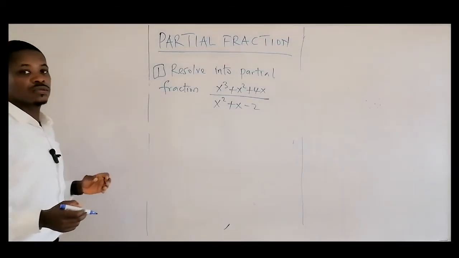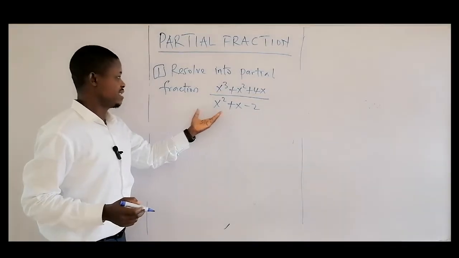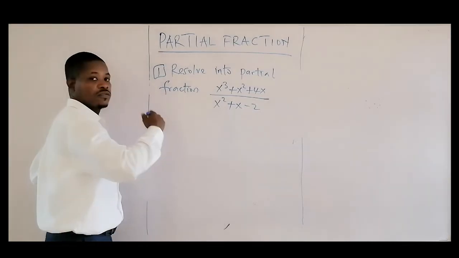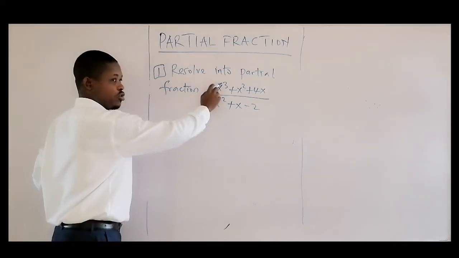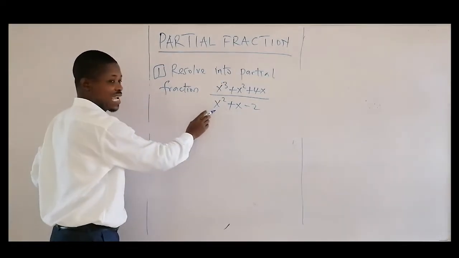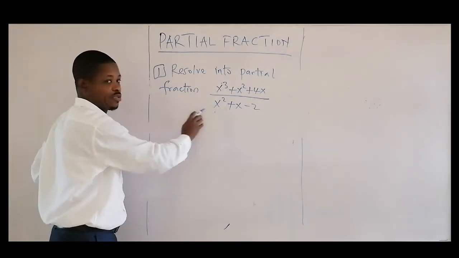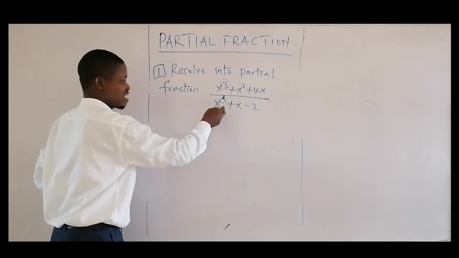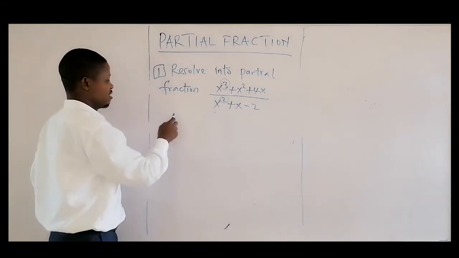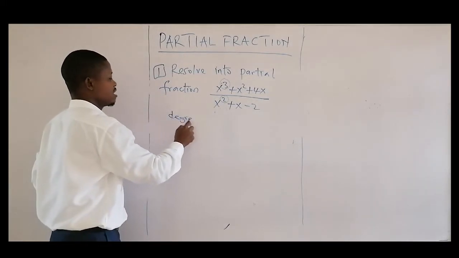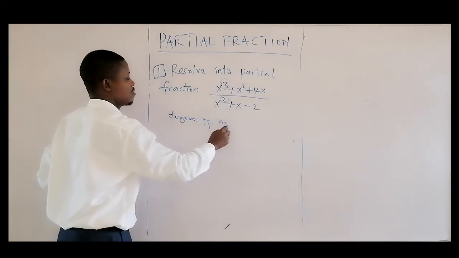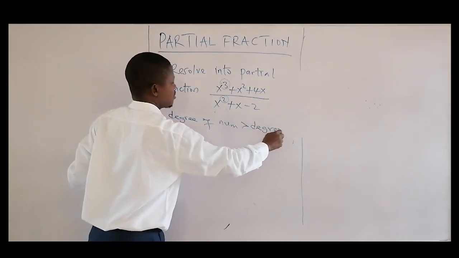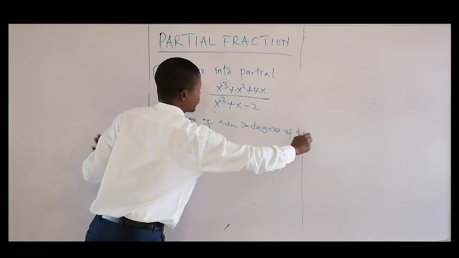Resolve into partial fractions. You can see that the numerator is of degree 3. The polynomial of power 3 is higher than that of the denominator. The highest power here is 3, the highest power here is 2. So the degree of the numerator is higher than the degree of the denominator.